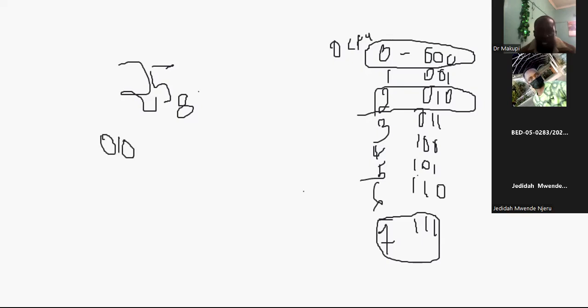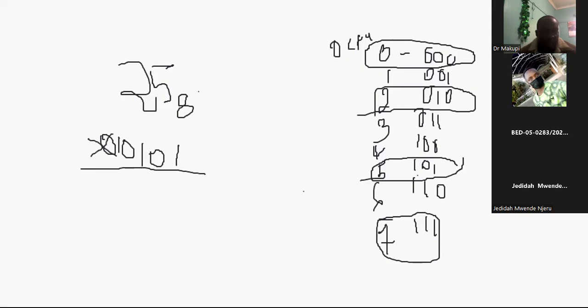What is 5 in binary? 5 in binary is 1, 0, 1. So I'll just bring it here, 1, 0, 1, naturally like that. Any 0 in front of a number doesn't mean anything. So you can just drop this 0.